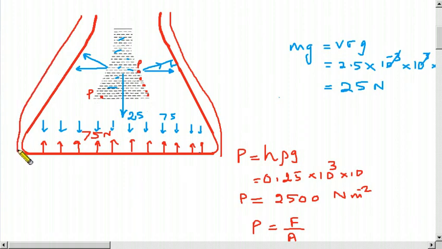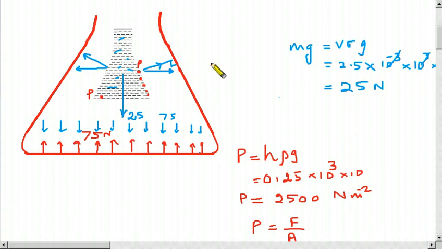It will increase its volume due to this force, but it can't happen because the glass is not a flexible one. Therefore these two forces cancel each other. It doesn't do anything. These two components cancel each other. And there is a component also this way, vertically upwards like this.